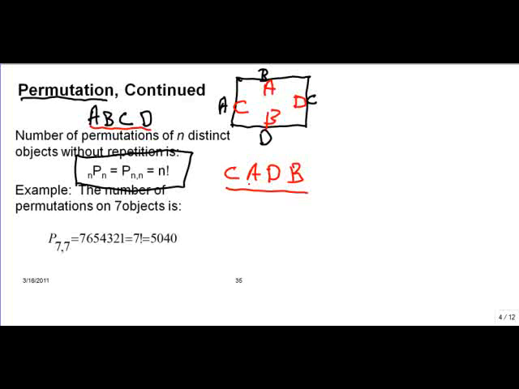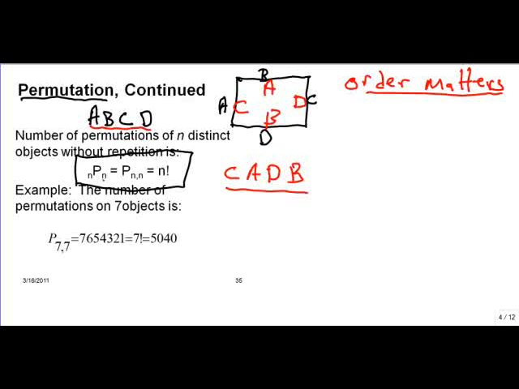So now the question is, if I have these 4 pictures and I want to hang all these pictures on the 4 walls, how many ways are there to do this? Well, here we have to recognize one main fact, and that is order matters. Since order matters, we know that this is going to be a permutation.